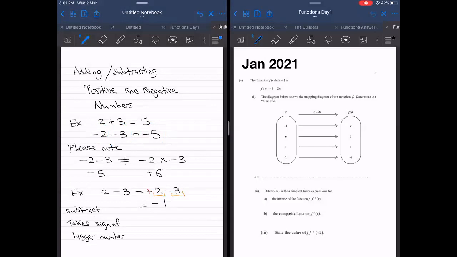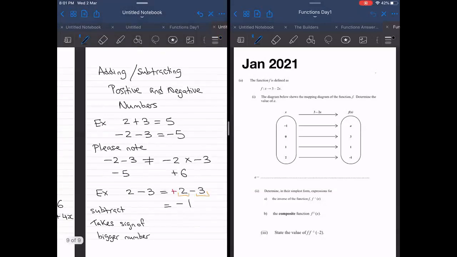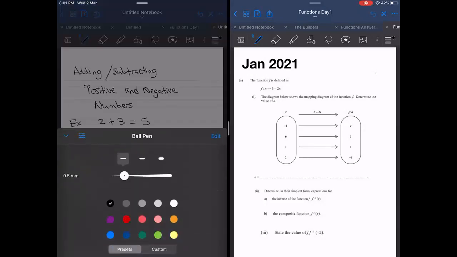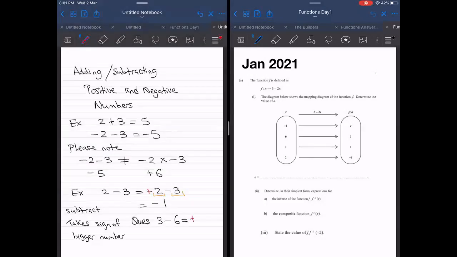Right? As I said, when it's a mixture of positive and negative, you want to subtract, and then it takes the sign of the bigger one. So for example, the question that we just did, right, we had 3 minus 6. So what I really did was to put positive 3, and then I say, okay, what I need to do is to go ahead and subtract.